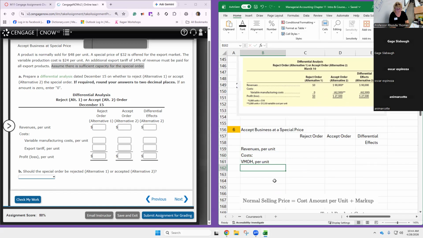And export tariff. There's a tariff for you. Well, tariffs are basically taxes. I don't care what the media says or anybody else. Okay, and then we have profit or loss to come to.